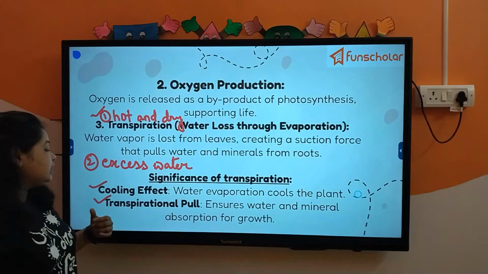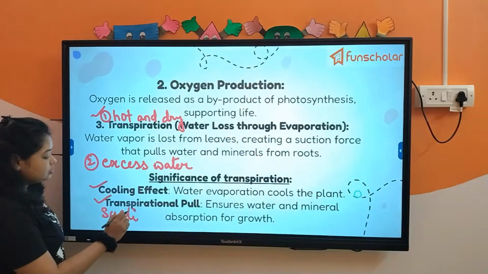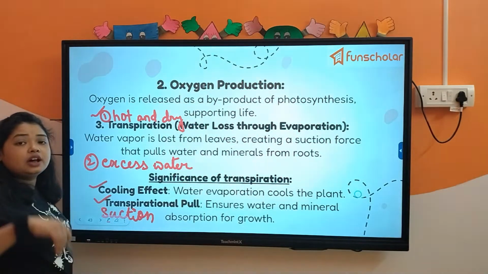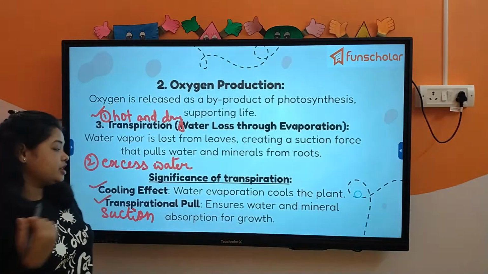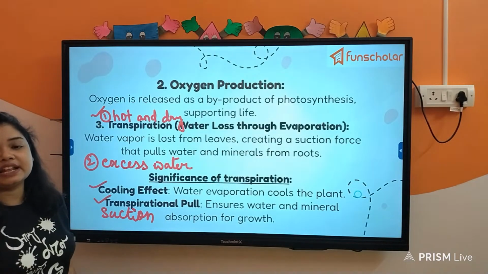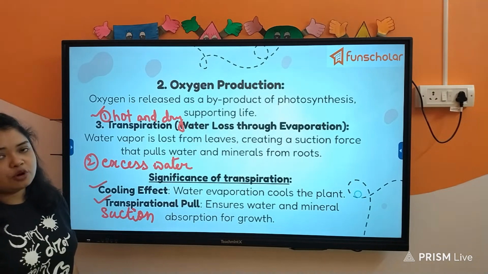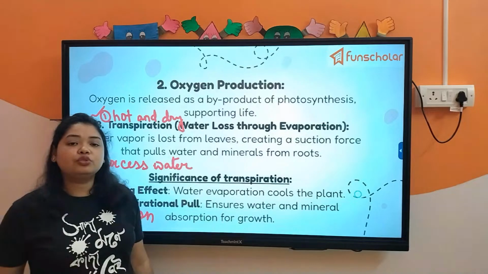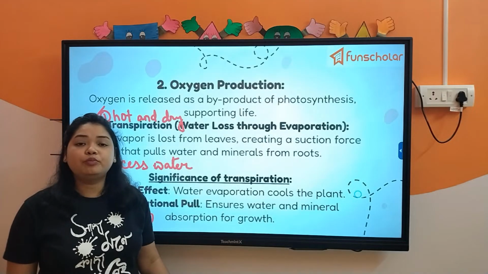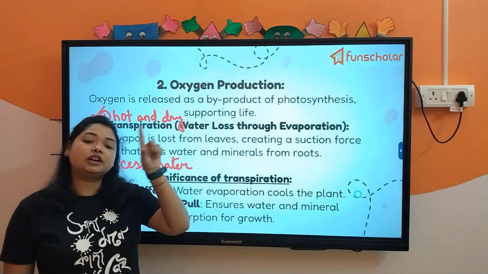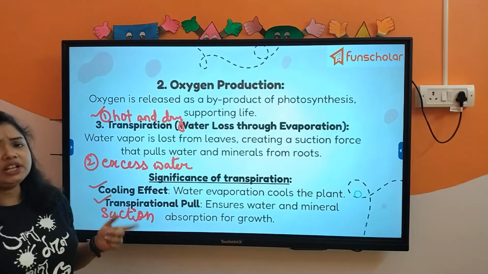And another thing is that it creates a suction, which is also known as transpiration pull. So when water is lost from the upper parts of the plant body, that is from the leaves, during the transpiration process, just like a vacuum creates a suction, in a similar manner the loss of water in the form of vapor creates a suction through which the water and minerals which have been absorbed by the roots from the soil will be pulled towards the upper parts or the upper tip of the plant body, consisting of the leaves.